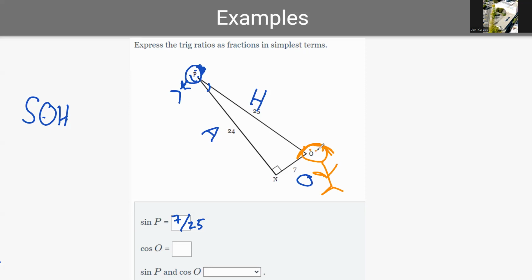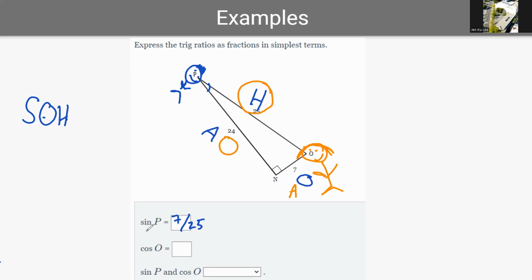My hypotenuse, class, will always be the same, because that's always going to be the opposite of your largest angle. Okay? So this one is still going to be H. These two, opposite of angle O is 24. So that's O, right? The opposite. And then 7 is your adjacent side, A.